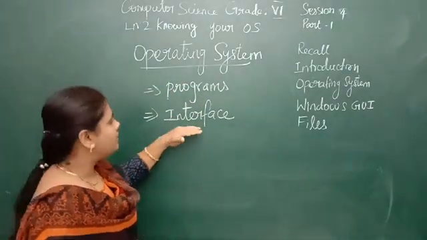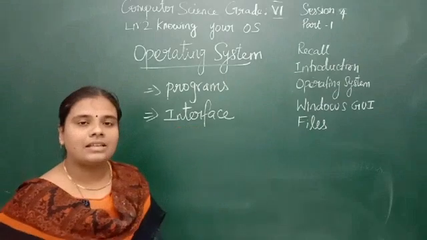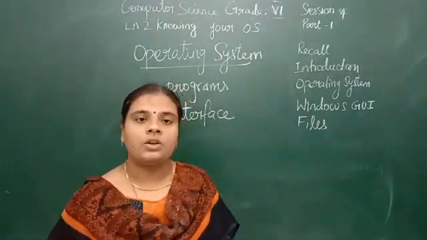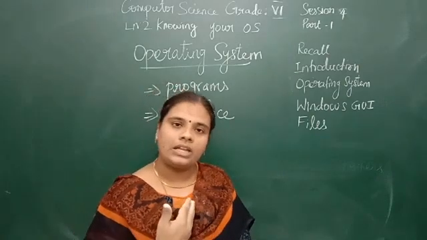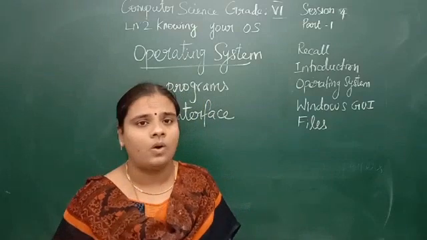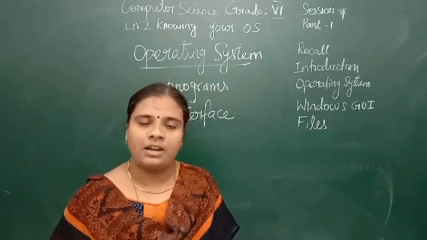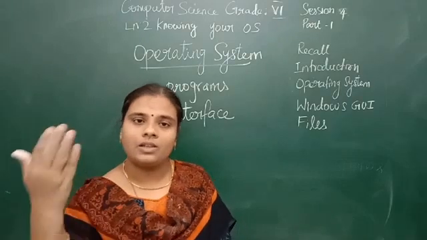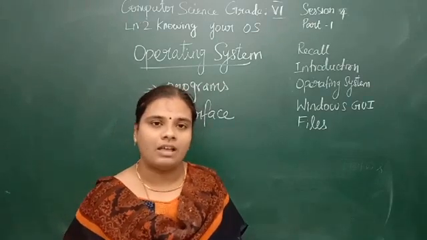Like this, the operating system acts as an interface between user and computer. As a user, I know English language. I can prepare programs and instructions in my own language. But the computer won't understand because it has its own language, that is machine level language.